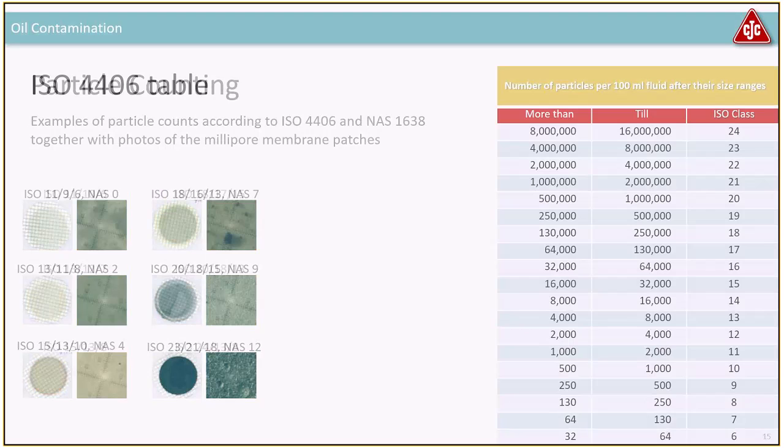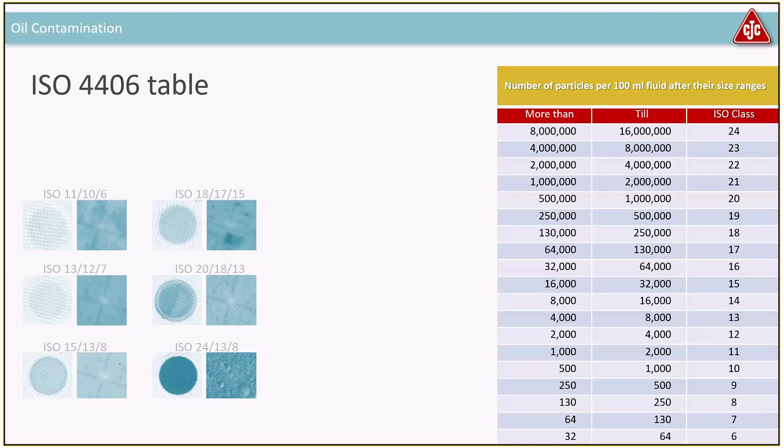For example, using a table, this ISO 4406 table is where we convert the particle counts into a class. Now this table is for 100 milliliters of oil. Some of you may be using 1 milliliter of oil, so the numbers you see on some of the tables in the US will be 100 times smaller. In Europe we use 100 milliliters.